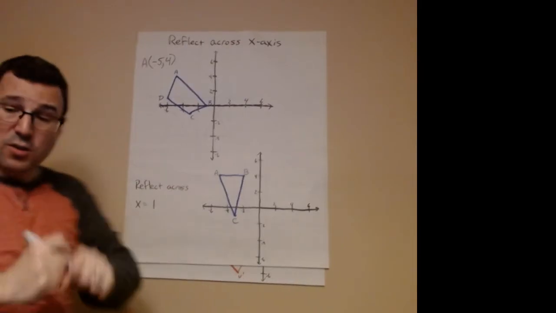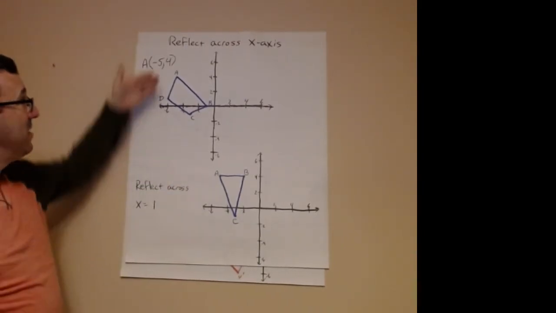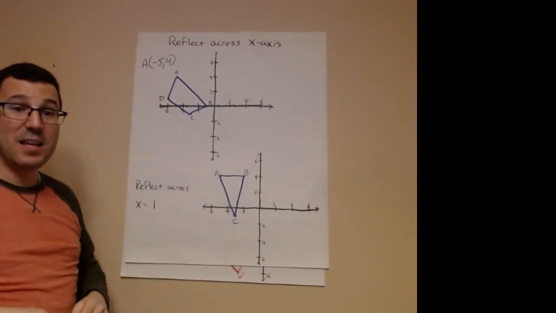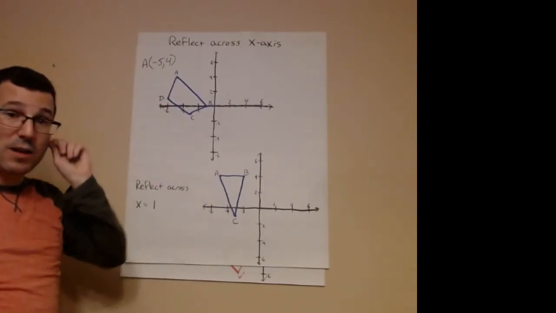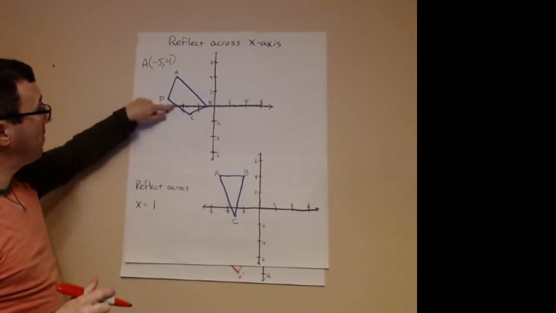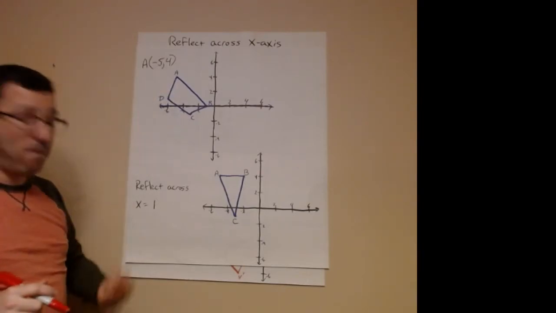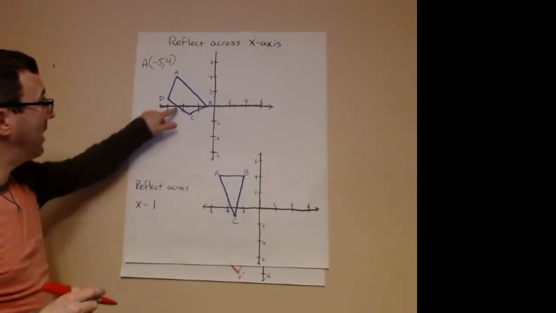Okay? So we want to count how far each point is from the x-axis and then go in the opposite direction to get its reflection. Okay? So here I have 1, 2, 3. A is 4 above the x-axis.